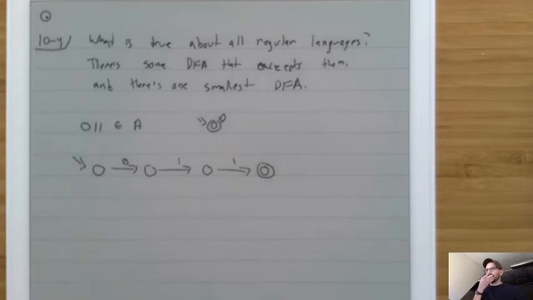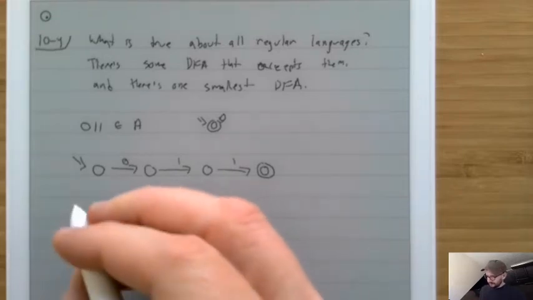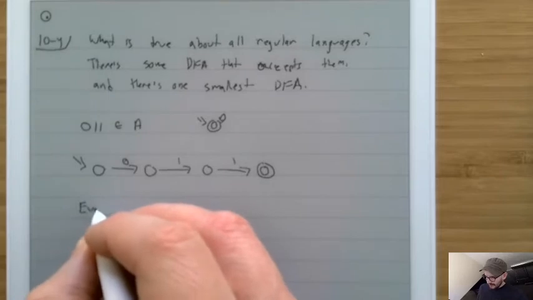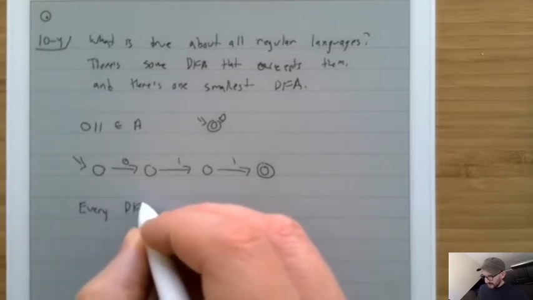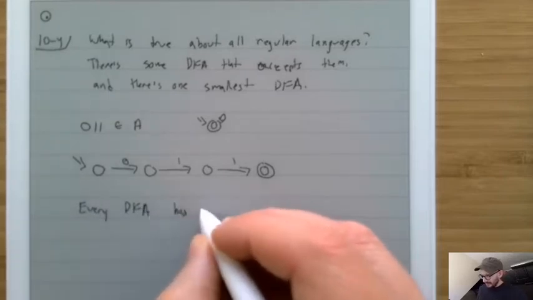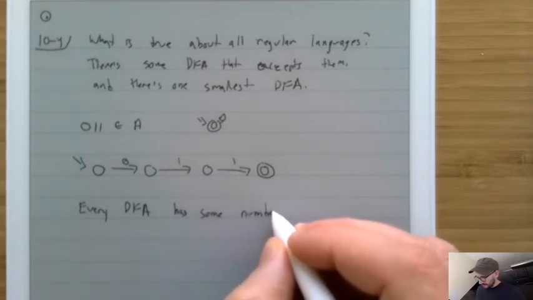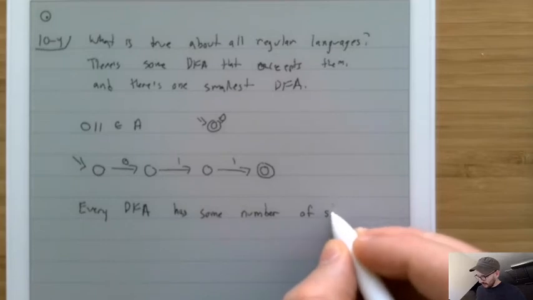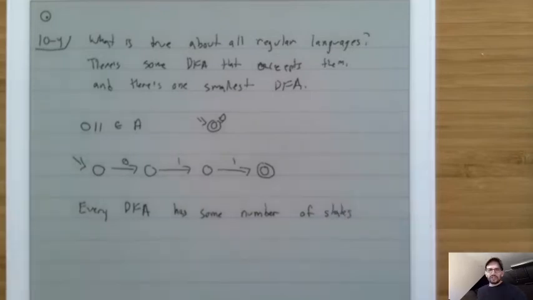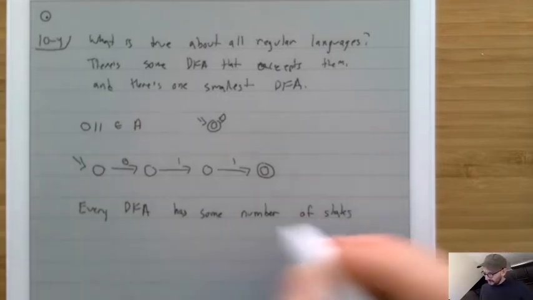So, what does that mean? That means that every DFA has some number of states. Just as an example, let's suppose that it has 4 states.